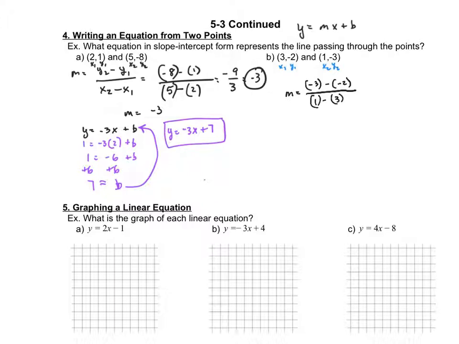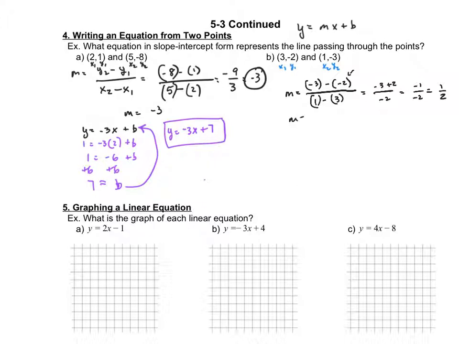And again, here's an example of what would have happened if I didn't use my negatives. I might have forgotten that that's negative minus, which ends up being a positive. So that is going to be negative 3 plus 2 over 1 minus 3, which is negative 2, and I get negative 1 over negative 2, which is going to be 1/2.